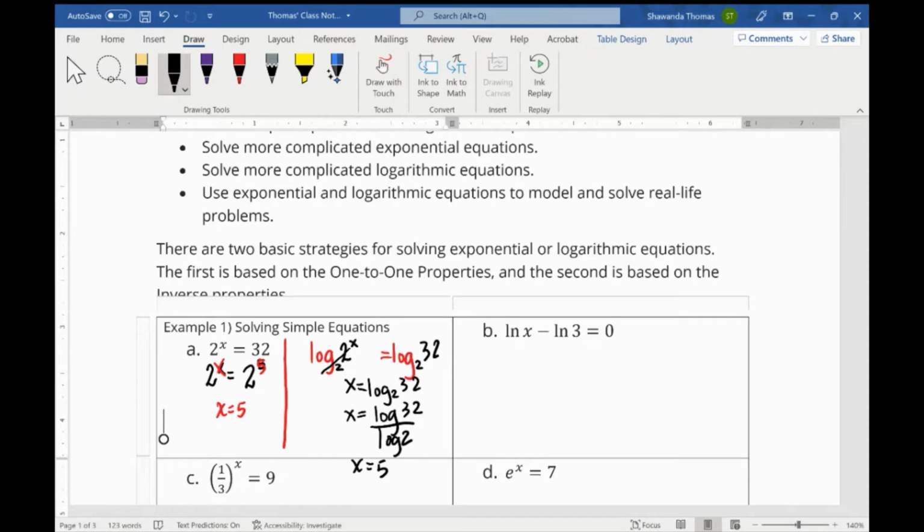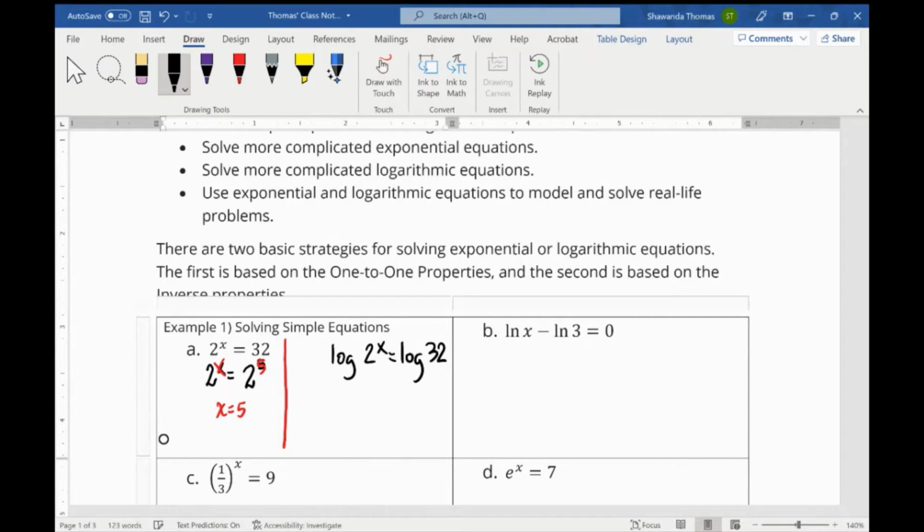You will get 5 also. Let me show you yet another way of doing this. Just to let you know, as long as you know the properties and you're using them correctly, you don't have to complete these equations using one method. You could put a regular log on both sides, for example. We just did log of both sides.